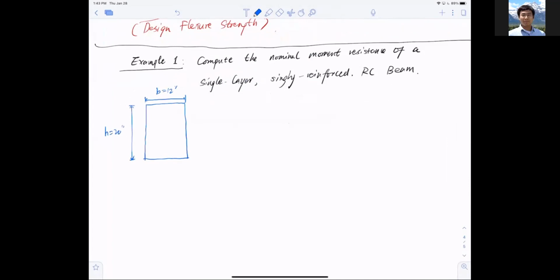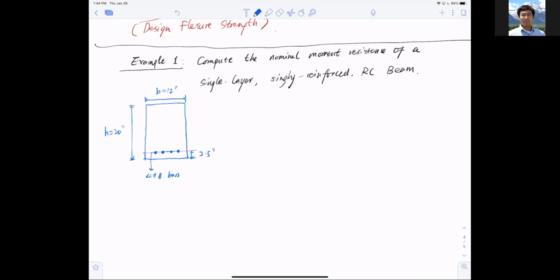Now I have bars, and let's just say I have one row only, 4 number 8 bars. The distance between the centroid of the row of bars to the bottom concrete is 2.5 inches.